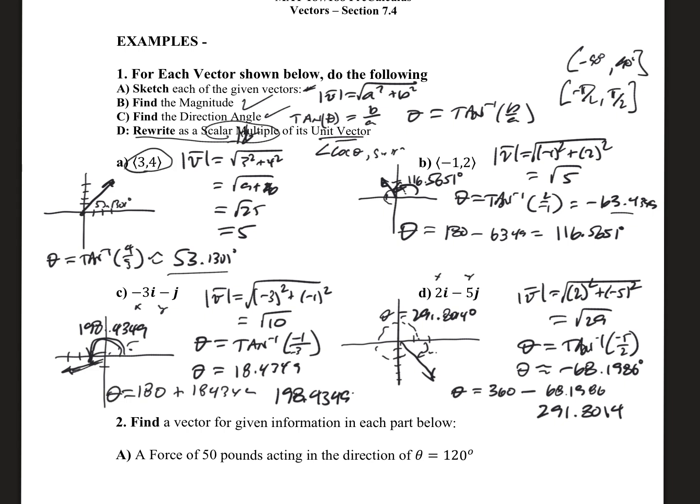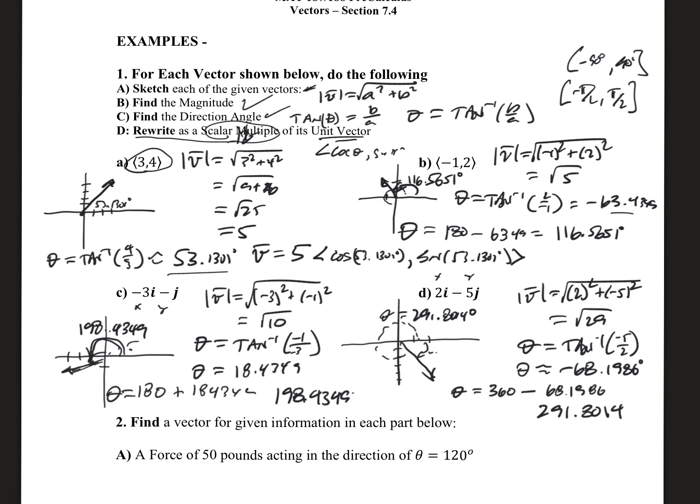This vector, we call it V for the moment, is the magnitude, which we found to be 5, times the unit vector, the cosine of 53.1301 degrees, times the sine of 53.1301 degrees. And so there would basically be that. Of course, we can do it in i, j, but I'm going to go ahead and leave it at that.